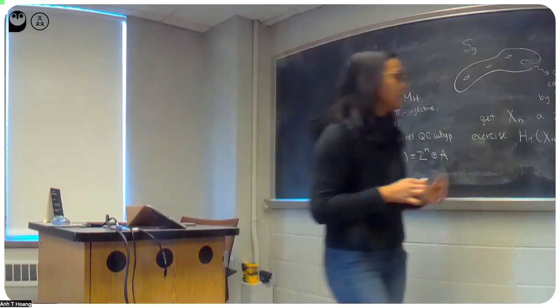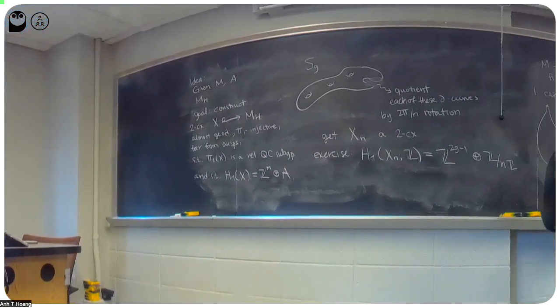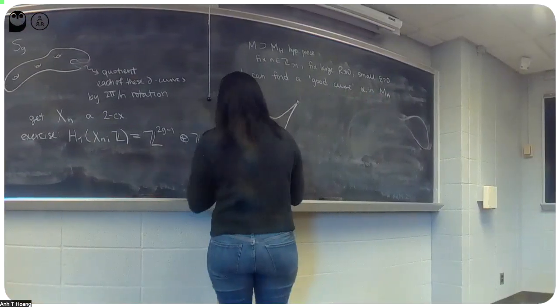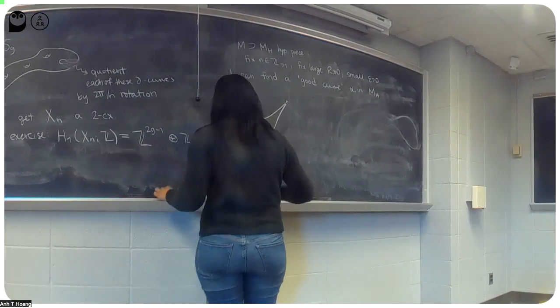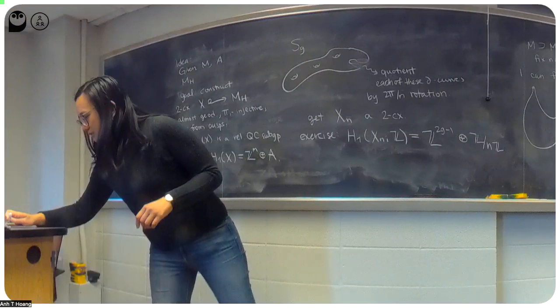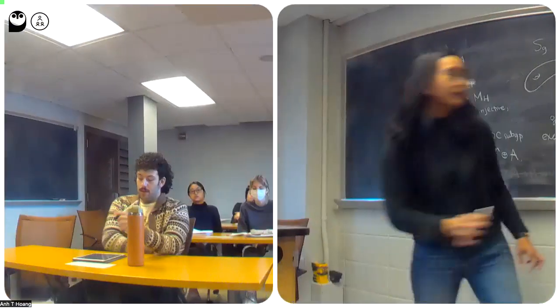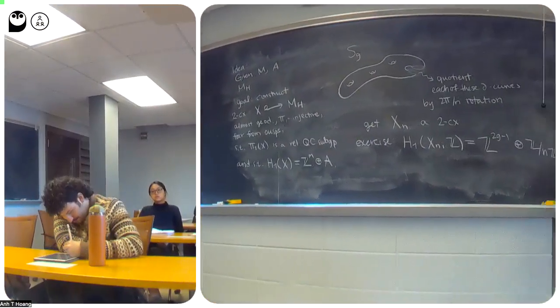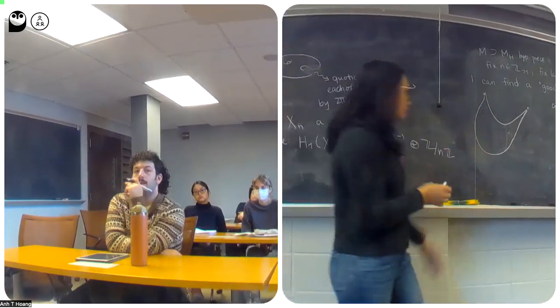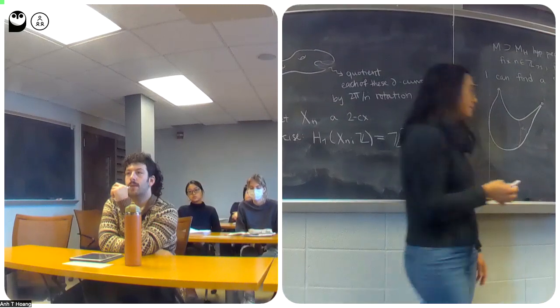Actually, let me call this alpha naught. So alpha naught is a curve in a geometric manifold, so I can say things about its length, for example.